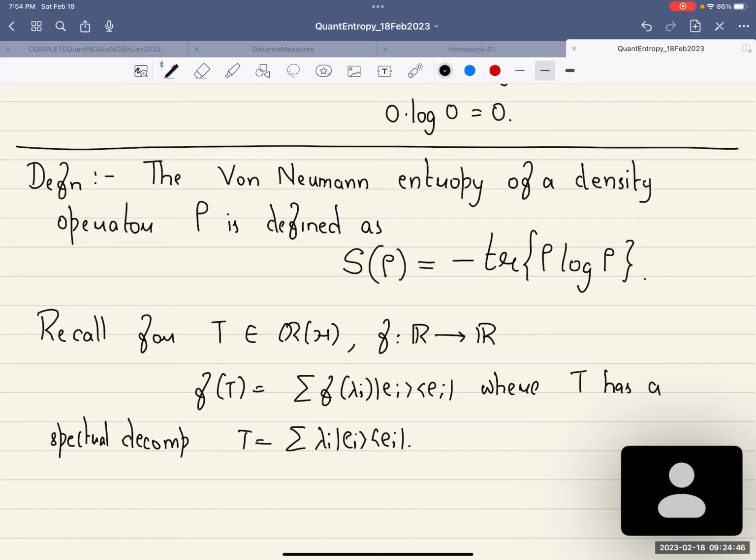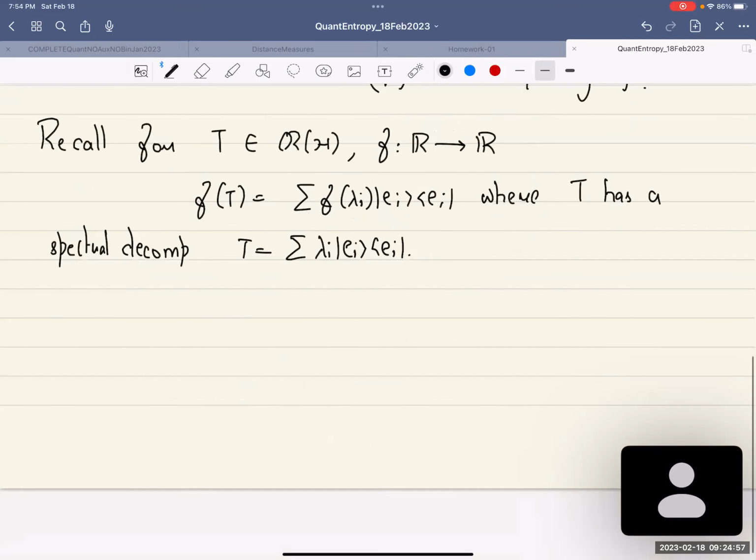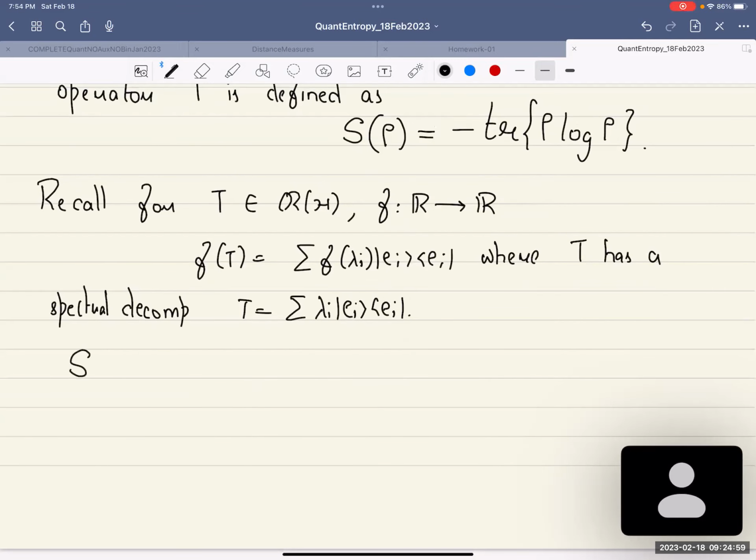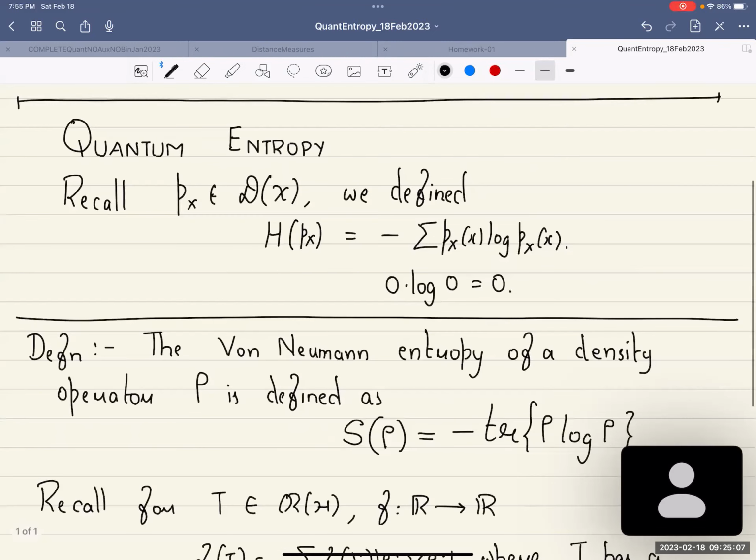Okay, let's try to understand this. First, remark 2 on definition 1.